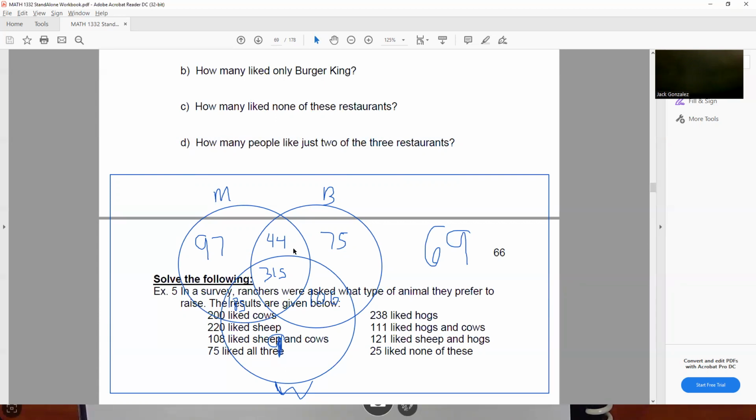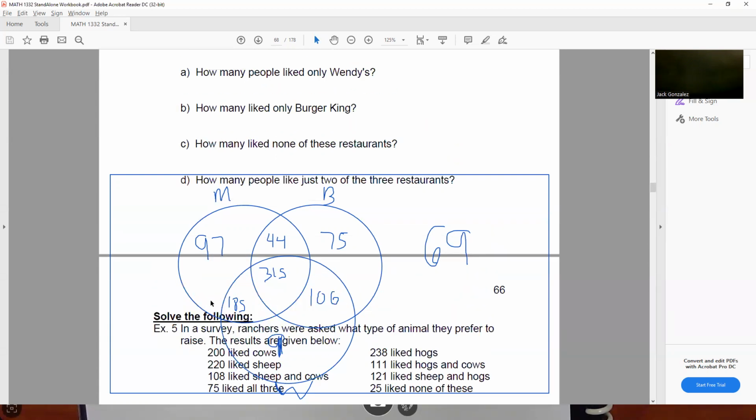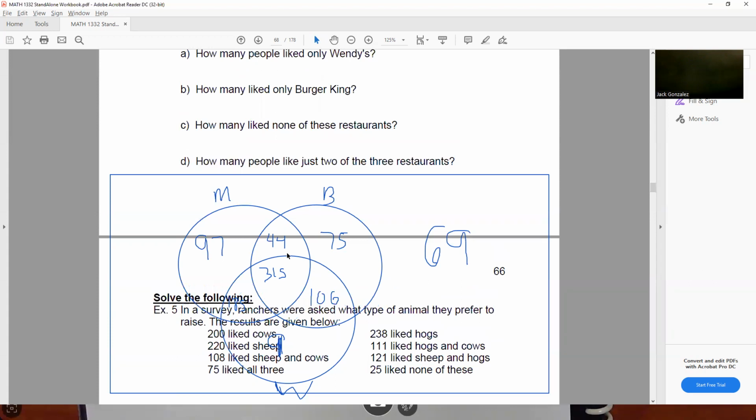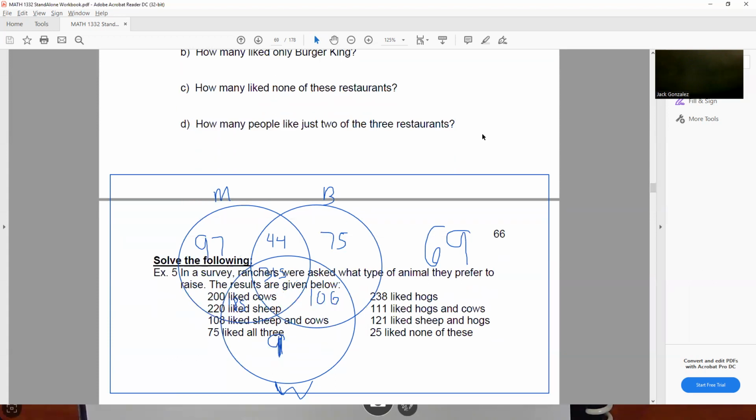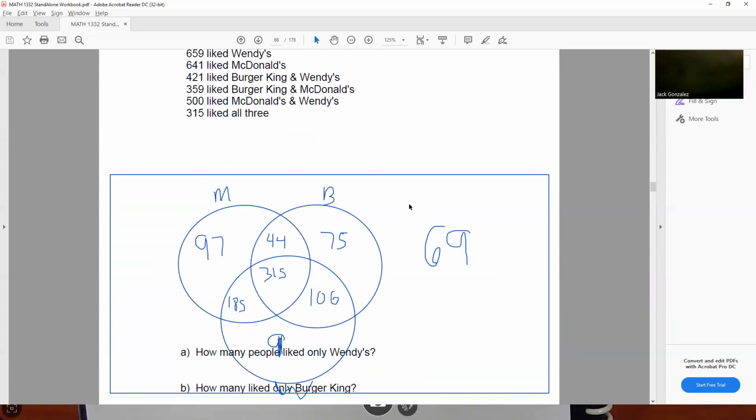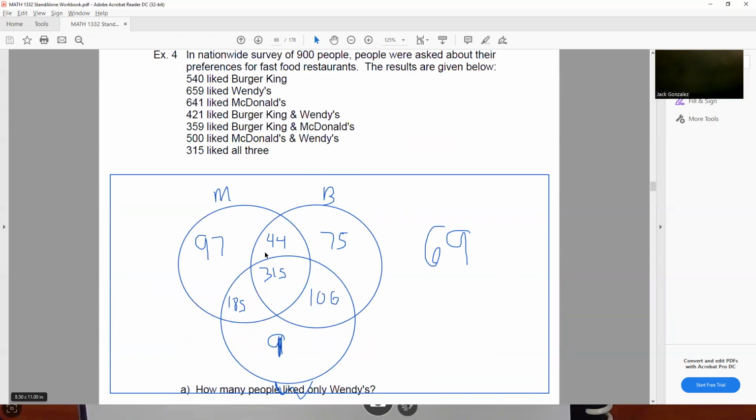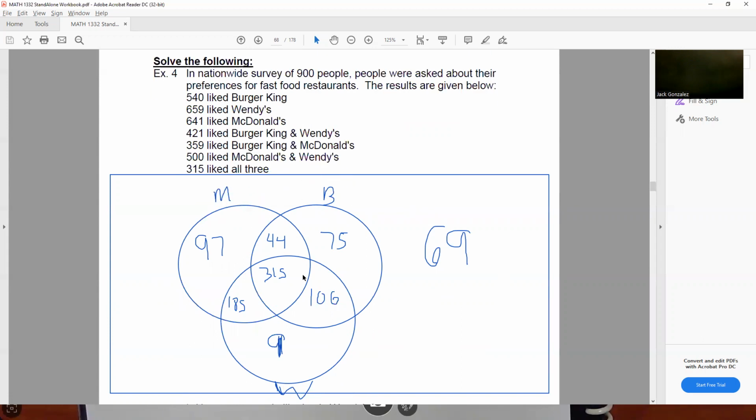So 44 plus 106 plus 185. All those guys like 2 different ones. Yeah, 335. See how once you build the Venn diagram, it's not too bad.